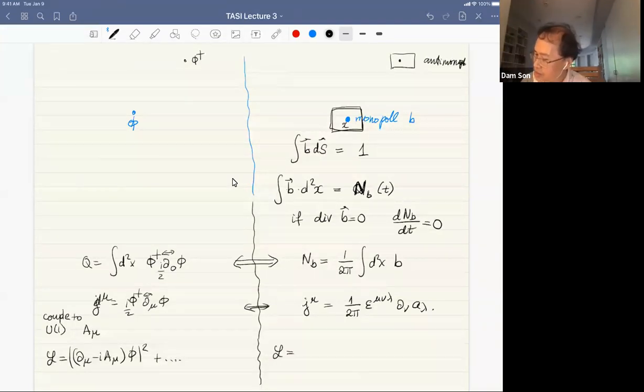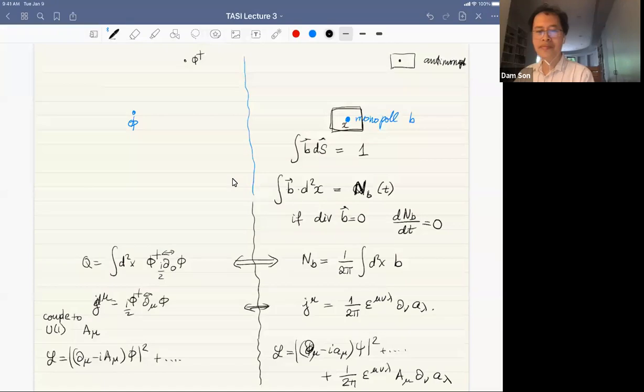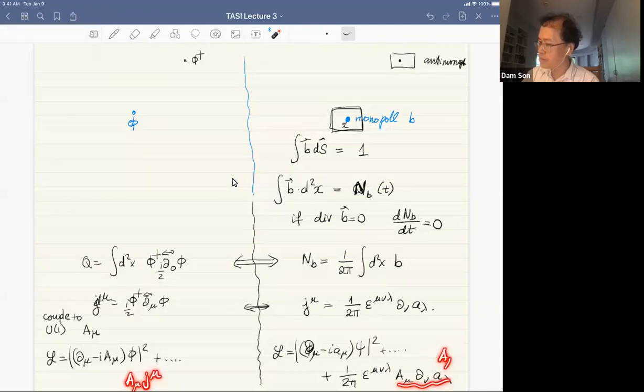On this side, it will be coupled to the small a. Right, the coupling of A mu here is A mu times J mu. And here A mu J mu. And you can think here, this one is also A mu J mu.